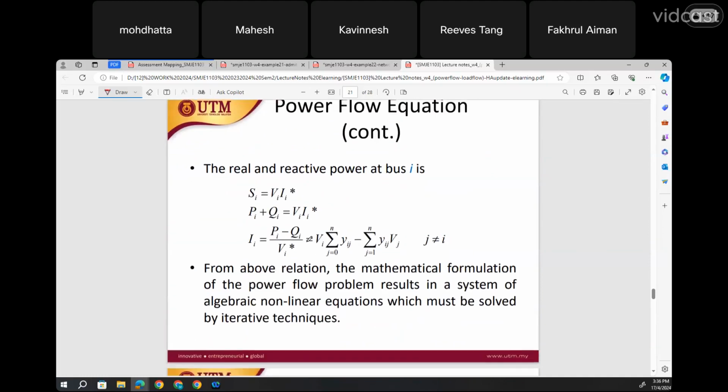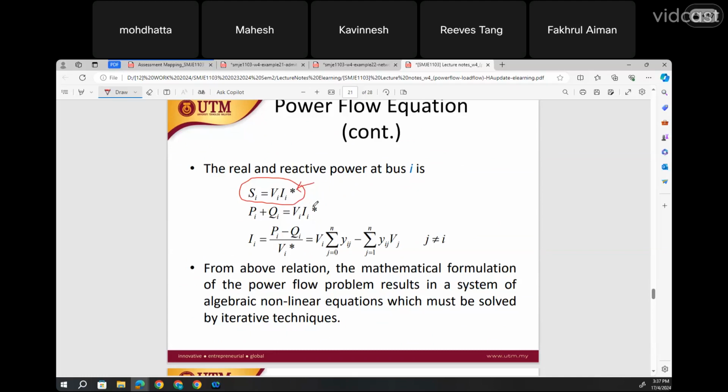All right, and in order to get the real and reactive power of that particular bus, you must use this equation, which is the complex power, where we know that complex power comes from V times I conjugate. This is the conjugate value of it. We discussed why the conjugate should be here last time in FOEC. So in order to get the true value of our reactive power, we need this conjugate current information.